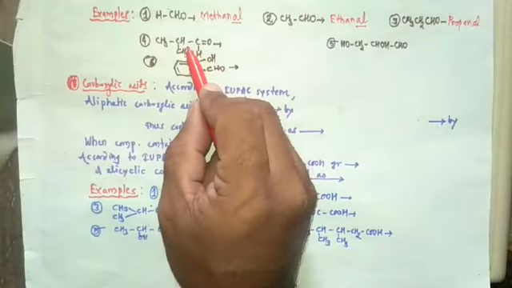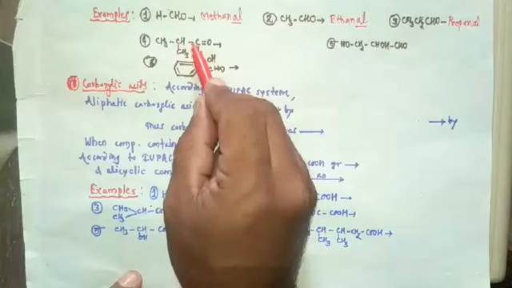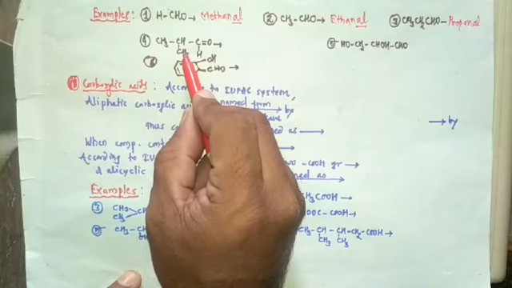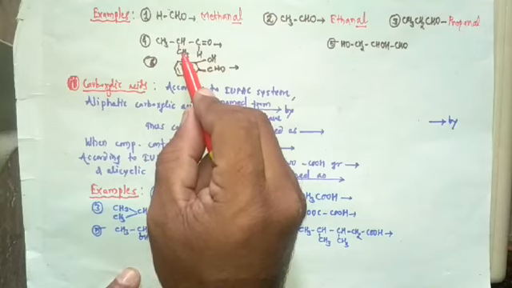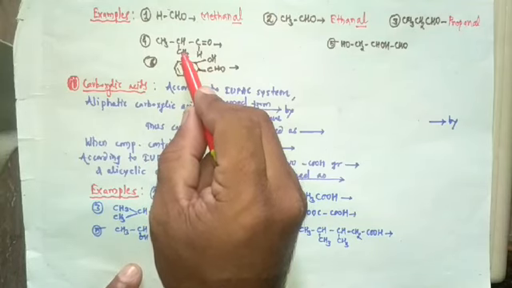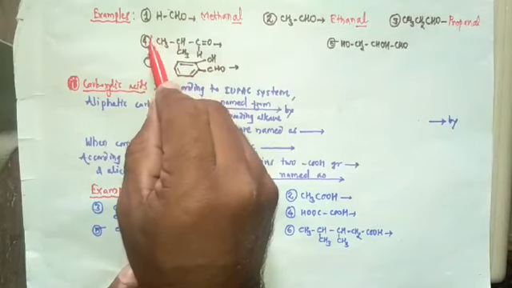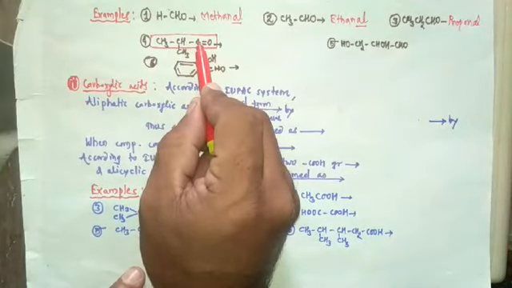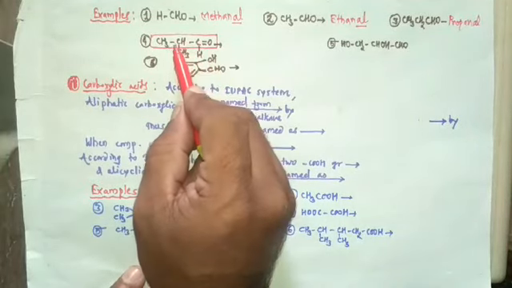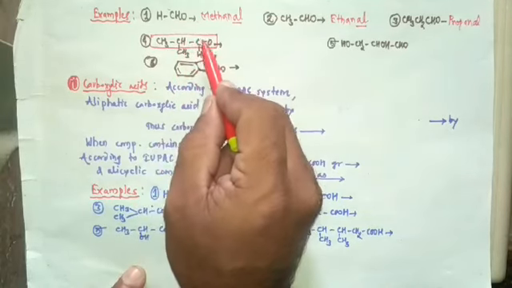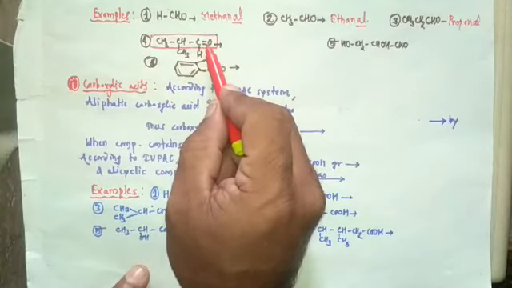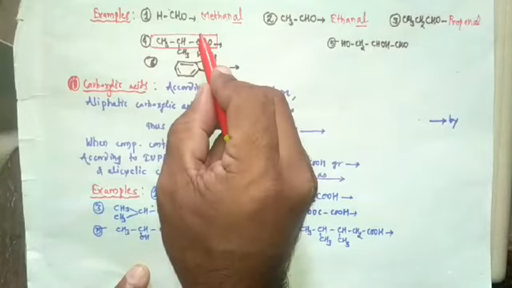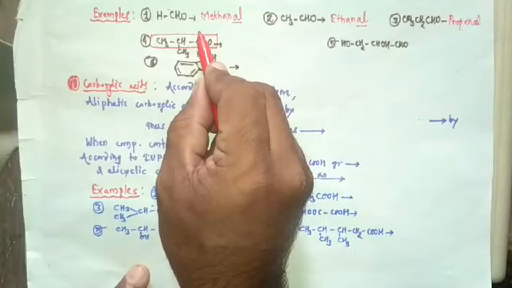Then take this example, CH3CH(CH3)CHO. Here a side chain is present. According to the IUPAC rules, first of all we have to select the longest continuous carbon chain including the carbonyl carbon, containing the CHO group as a functional group. Then number this carbon chain from the carbonyl carbon.